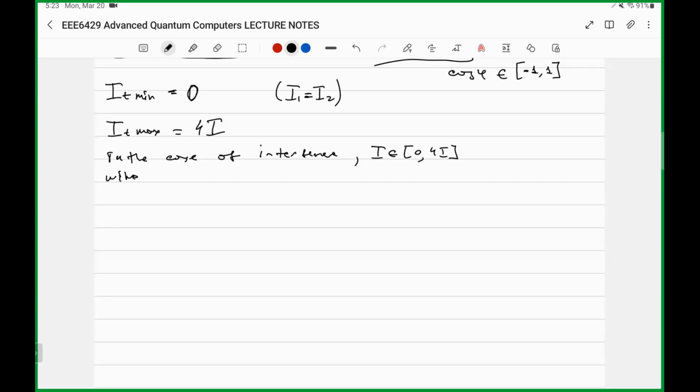Without interference, we would have a constant intensity of 2I, because it would be I plus I. So it's just the sum of two intensities.